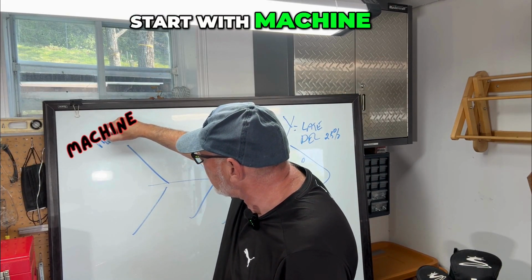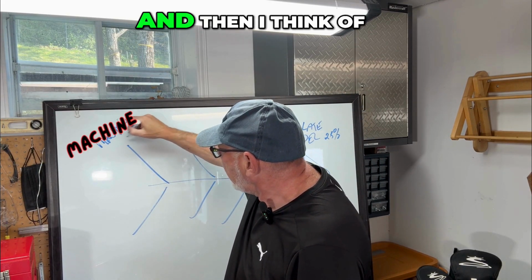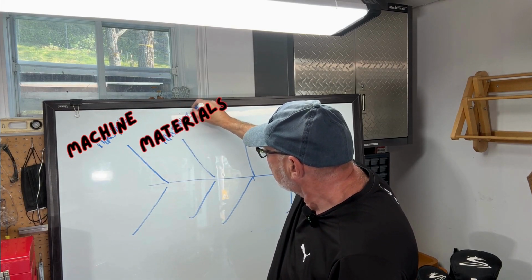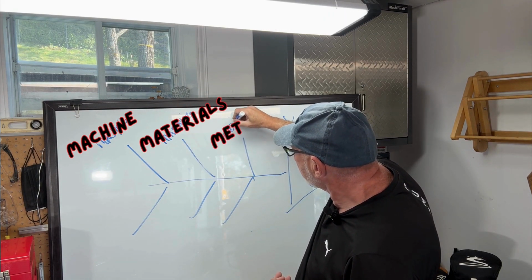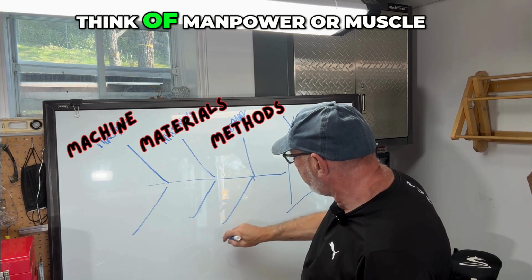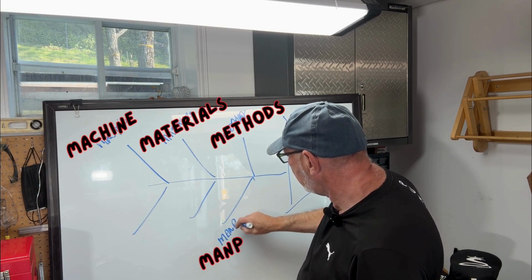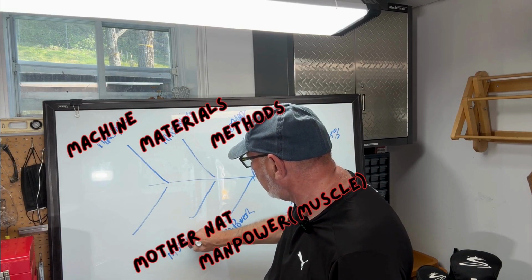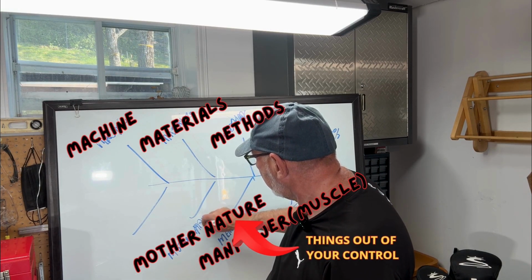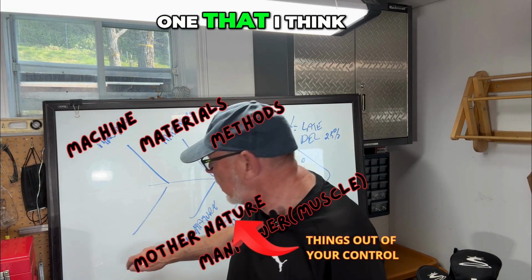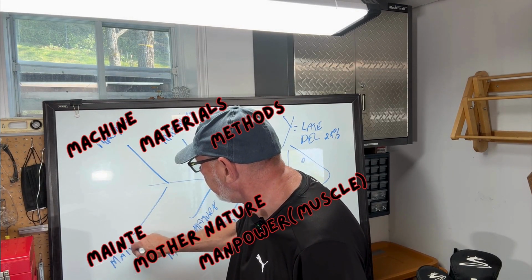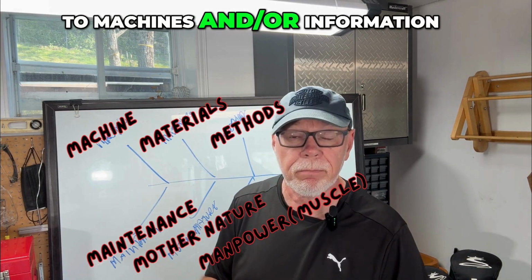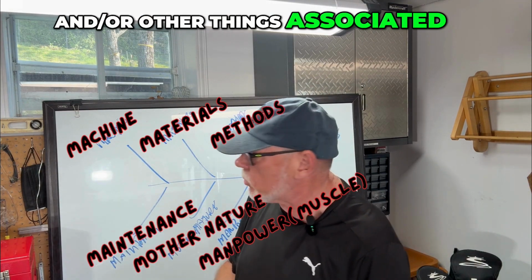I usually start with machine, and then I think of materials, and then methods, manpower or muscle, and Mother Nature, and my last one is maintenance. And usually that's related to machines and or information and or other things associated with that.